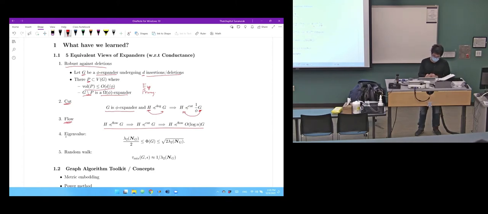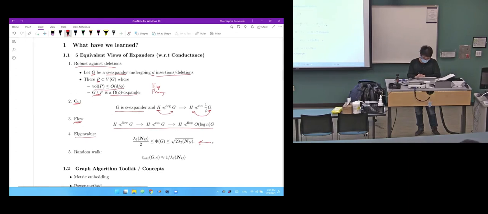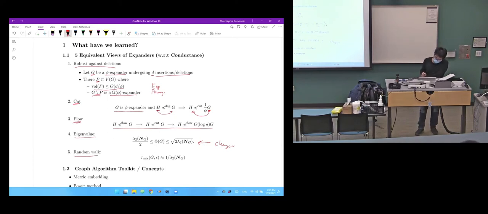We have seen the eigenvalue or spectral view, and this is via Cheeger. Also random walk. You can ask about the mixing time. Do you recall what mixing time is? It's the time that you start from any node and do a random walk, and you ask about the distribution of where you land.